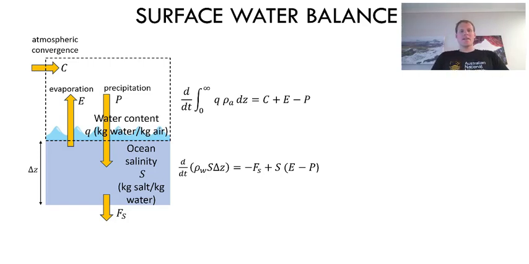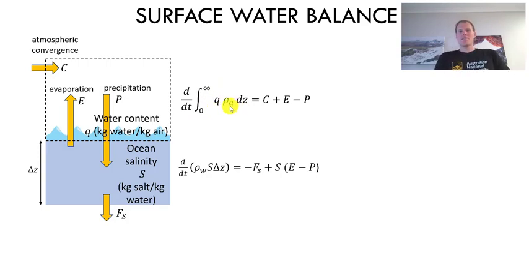So what we can think about is a water balance in that region of atmosphere sitting above the ocean, bounded by this dashed box. And so as we've looked at previously, the water content, or the concentration of water, is just the specific humidity, so kilograms of water per kilograms of air. And the total column water vapor, the total amount of water in that atmosphere, is the integral over the atmosphere of that specific humidity by the density of the air.